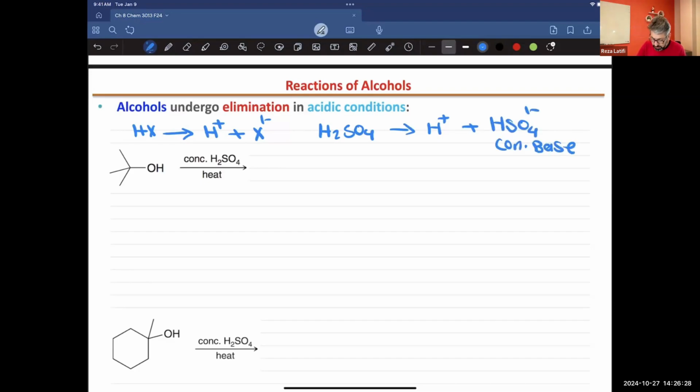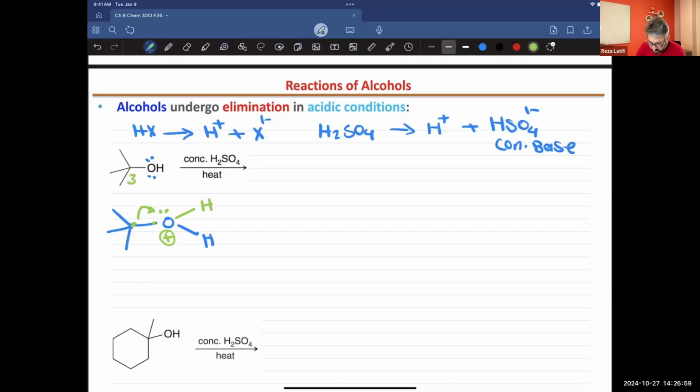Now, in the first step of this reaction, oxygen that has two lone pairs very soon is going to get one H from the acidic solution, and it will turn to a species with a positive charge. Oxygen is not going to be happy, so it will try to steal those two electrons and leave the system with a positive charge, or technically a carbocation.